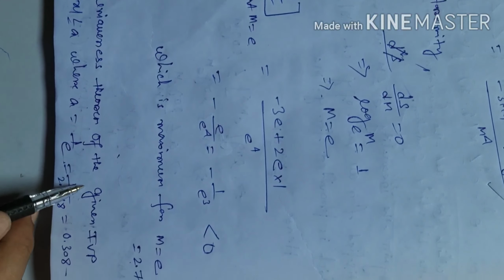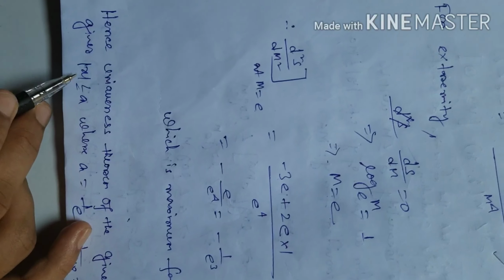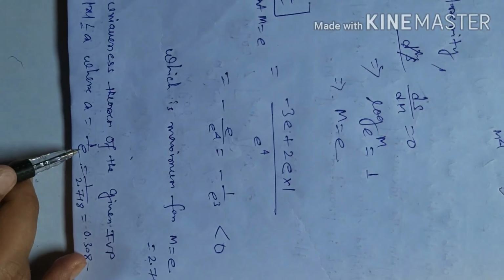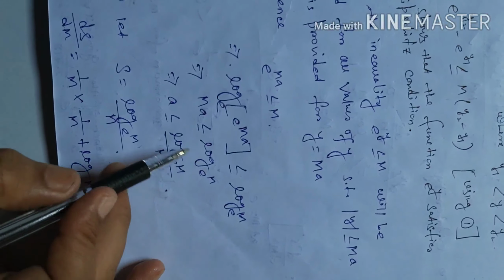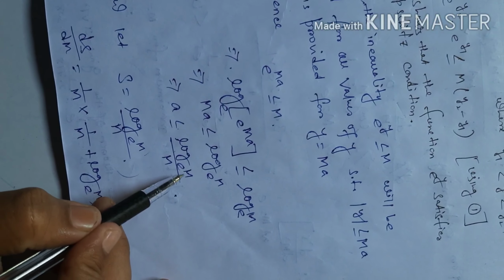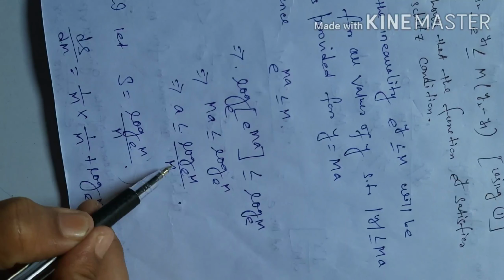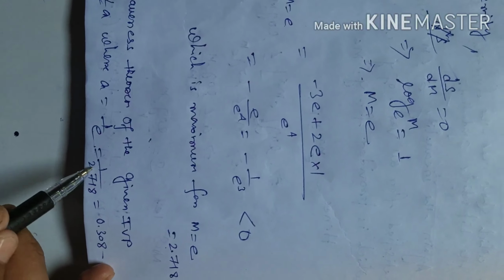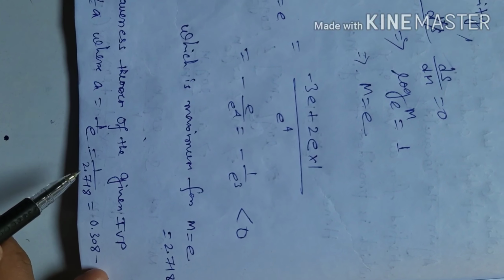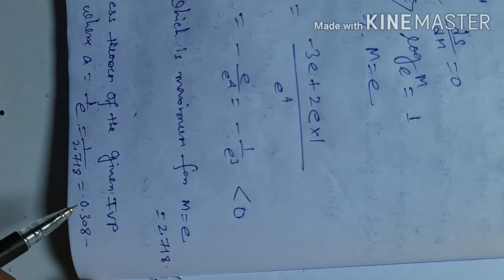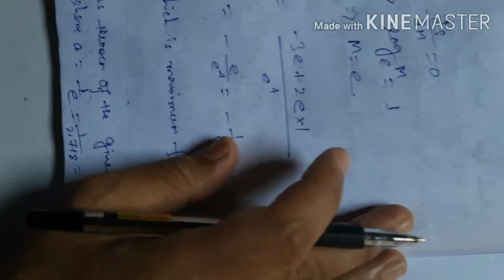Hence, the uniqueness theorem of the given initial value problem gives |x| ≤ a, where a = 1/e, since a ≤ (log_e M)/M with M = e, that is log_e e = 1, so a = 1/e, and the value of e is 2.718, that is 1/2.718 = 0.368.